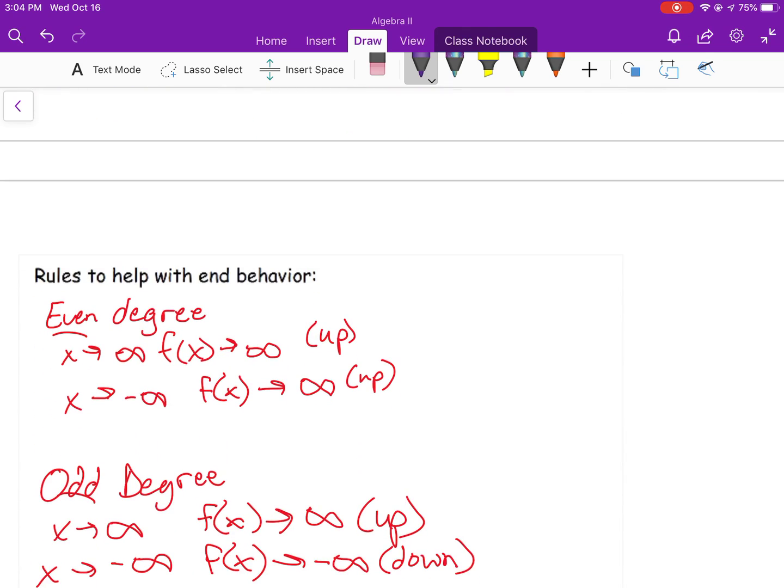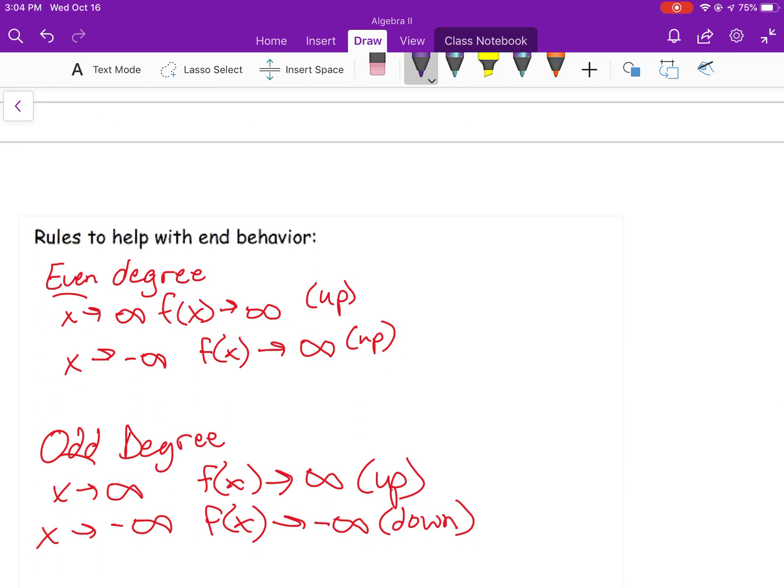So I'll have to not only look at the degree, even degree, odd degree, I need to also look at the LC, the leading coefficient.